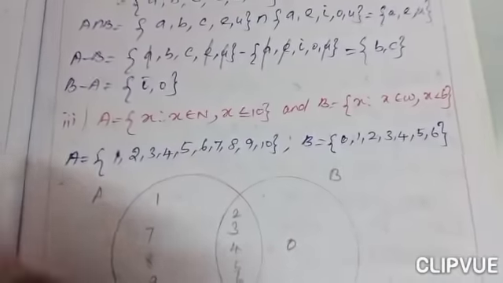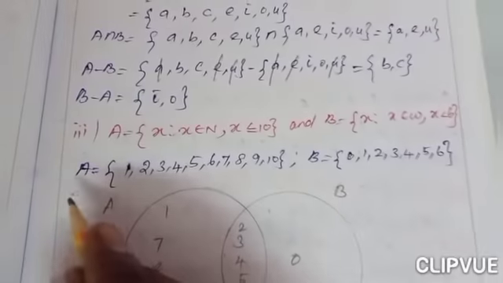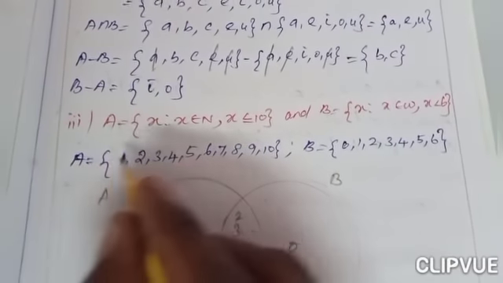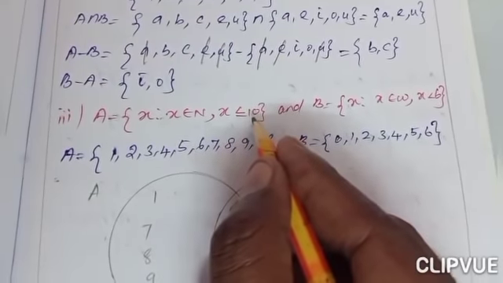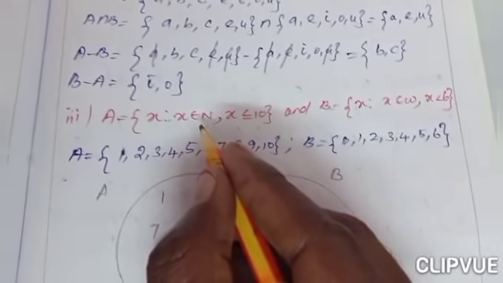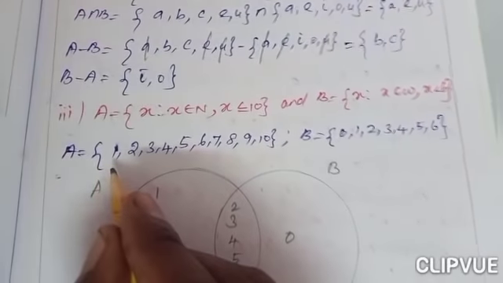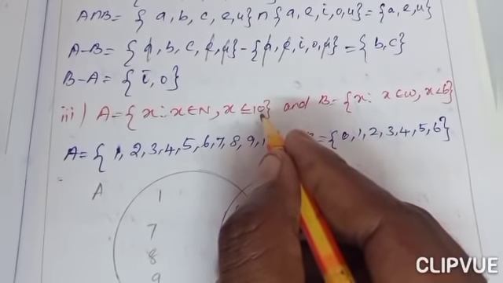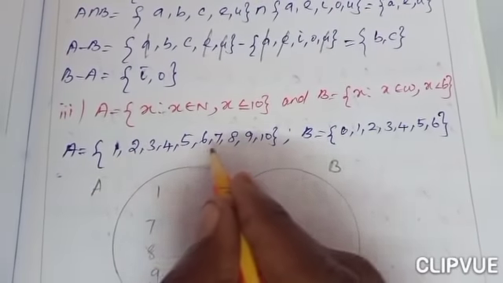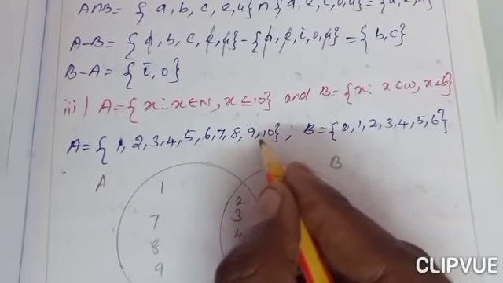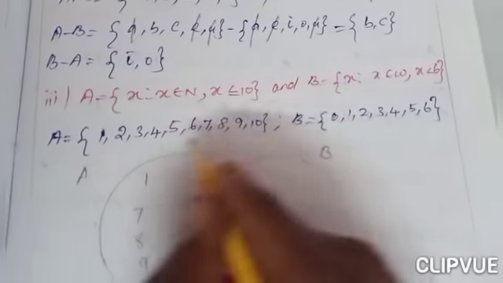First you have to write the elements of set A and B. For set A, x belongs to natural number, x less than or equal to 10. We know very well the natural number begins with 1. You have to write up to 10 because it is less than or equal to 10. So 1, 2, 3, 4, 5, 6, 7, 8, 9, 10 are the elements of set A.